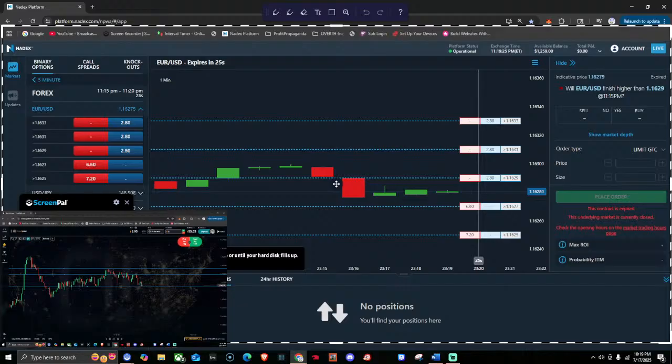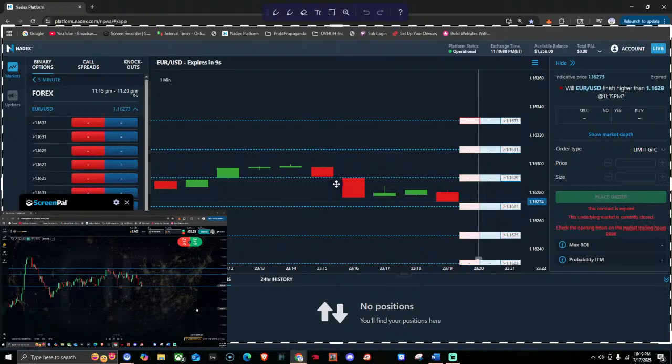I like the way it's moving though. Oh, interesting. Another touch point.